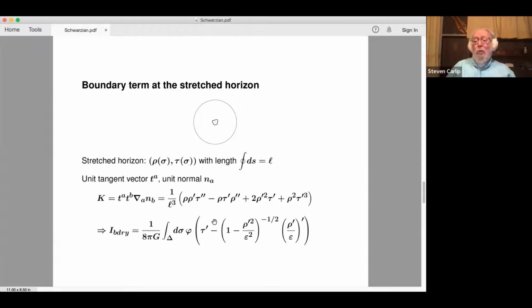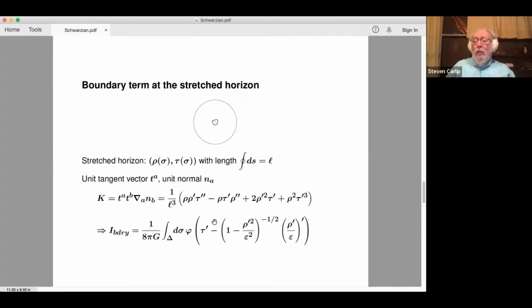That's standard for polar coordinates. As a result, if you're very careful about all of your integration by parts, there is an extra boundary term at rho equals 0, even if you don't have a stretched horizon.